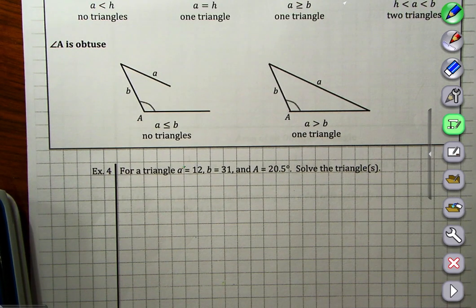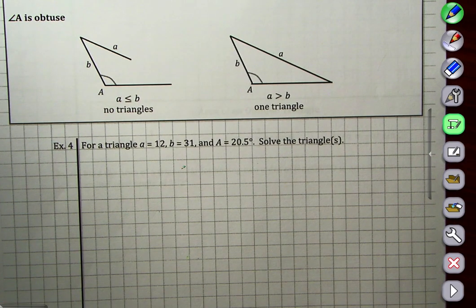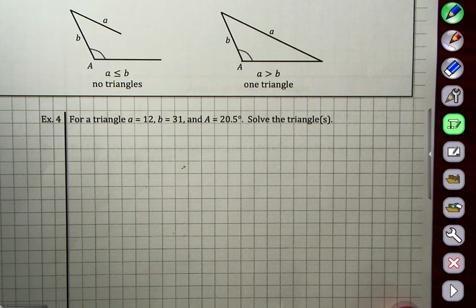So in that case, your side was too small for it to reach the ground. Example number 4. For a triangle, side A is 12, side B is 31, angle A is 20.5.